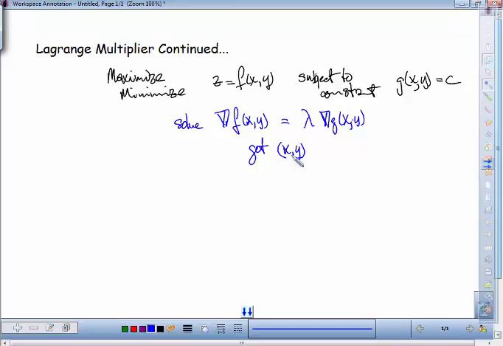Now remember, there are lambdas that might come up there too. We don't care about those lambdas, but if we get values for them, that's fine. More importantly, we need to find those x and y values and then check f of x, y to find the maxes and mins.